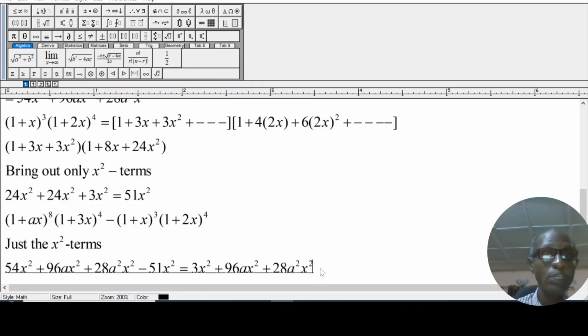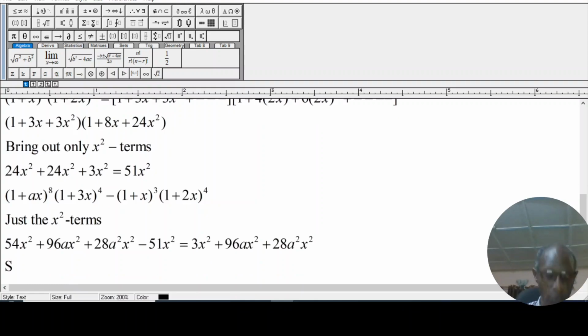Now, remember that we have found the value of our a to be minus 1 over 8. So substitute minus 1 over 8 for a. So anywhere we see a, we are going to put minus 1 over 8 there.